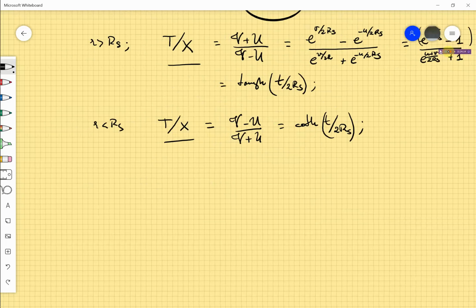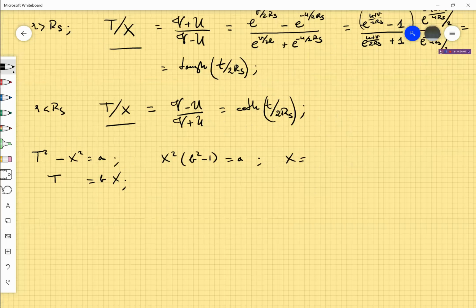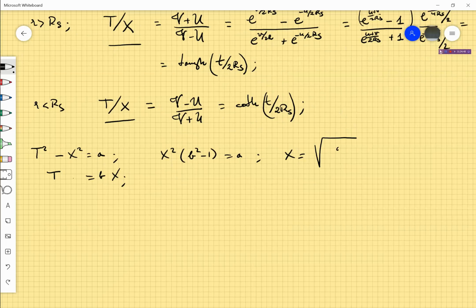So let me do it quickly. If t squared minus x squared is some expression that I call A, and t divided by x is some other expression that I call B, so t is equal to Bx, then replacing t by Bx here, you get x squared times (B squared minus 1) equal to A, and x is equal to the square root of A divided by B squared minus 1.